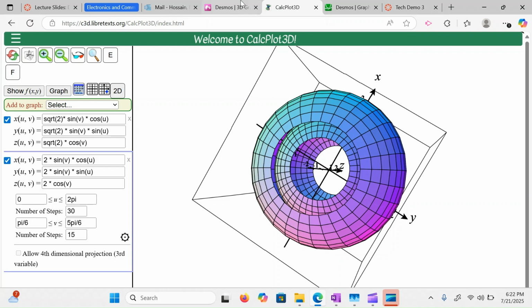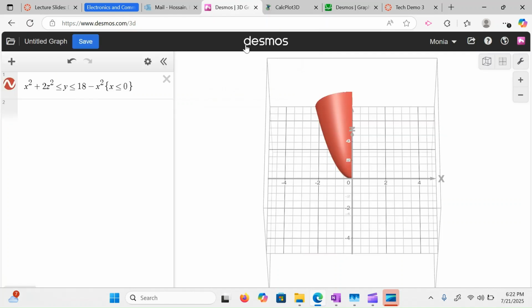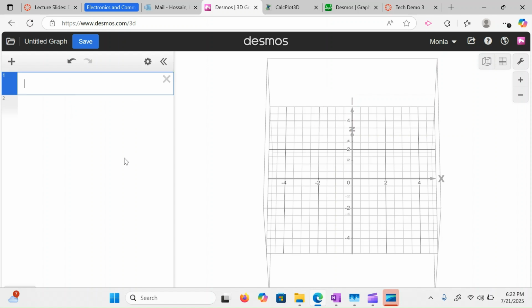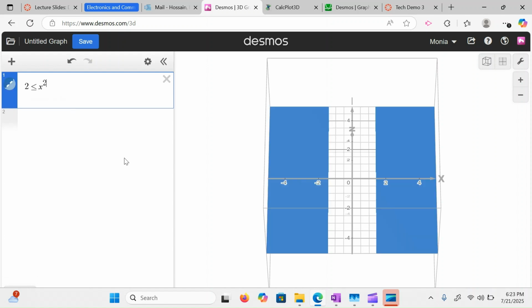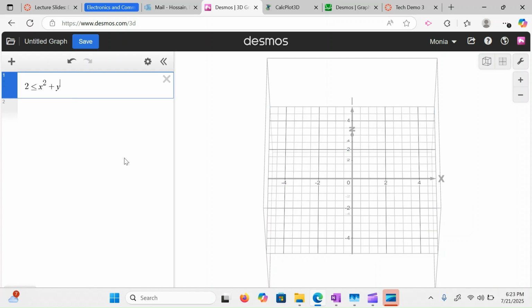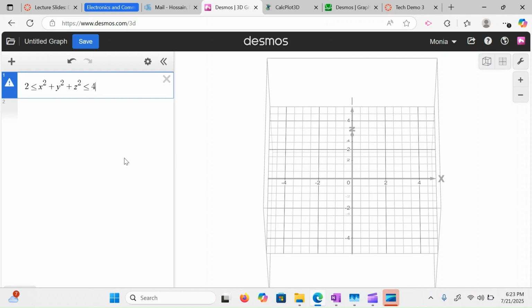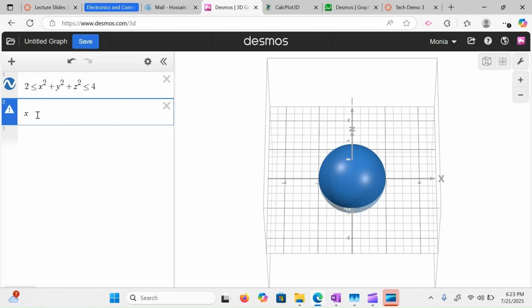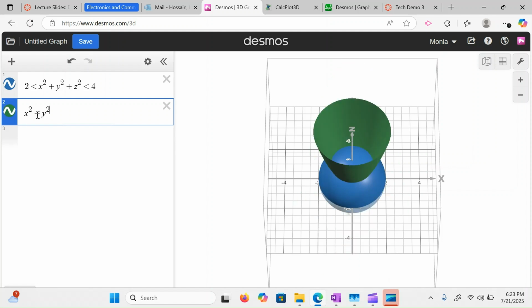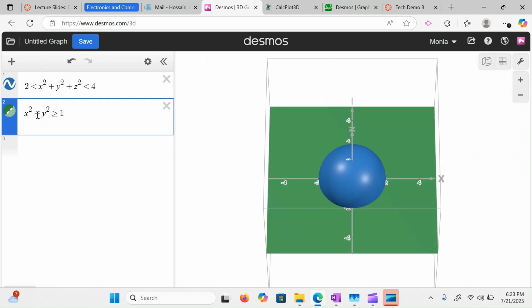And now to show by Cartesian coordinates, okay, I will get rid of this. All I did was x squared plus y squared plus z squared equal to 4. And then I am going to add the cylinder with the radius 1, x squared plus y squared greater than or equal to 1.